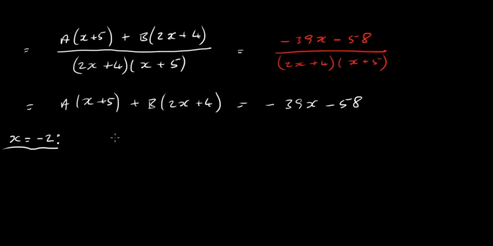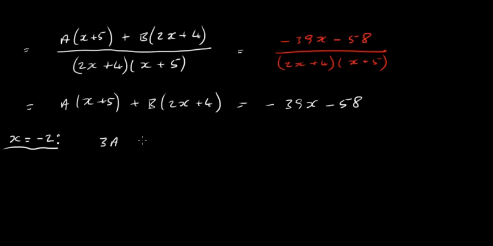That will give me a times, well, minus 2 plus 5 is 3, so I'll end up with 3a here. Now here I'll end up with minus 2 times 2, which is minus 4. Minus 4 plus 4 is 0, so this will become 0.